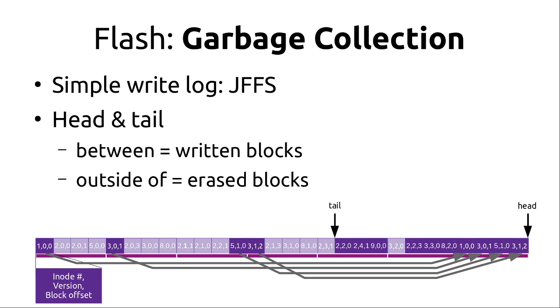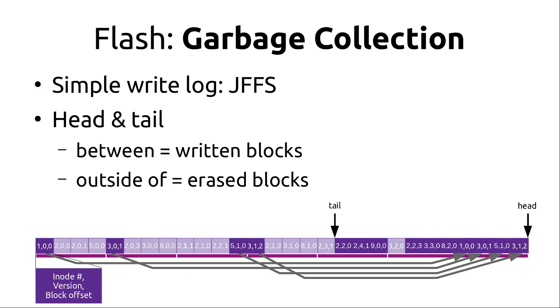So you can see now we've iterated the tail all the way forward till we find the next active node, copying each of those active blocks into that last erasure node as we go, as the arrows have indicated.